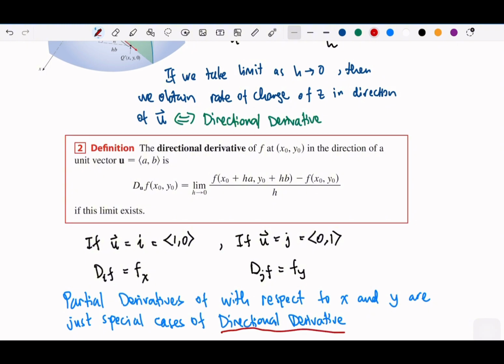Okay, so basically, if we observe through this connection, they are actually the same. What makes the directional derivative different is they have their own direction in the unit vector.